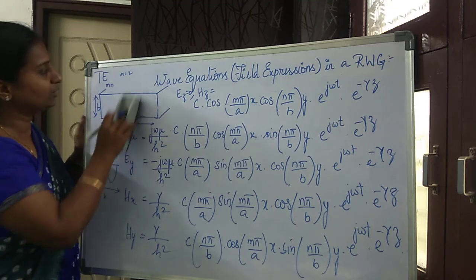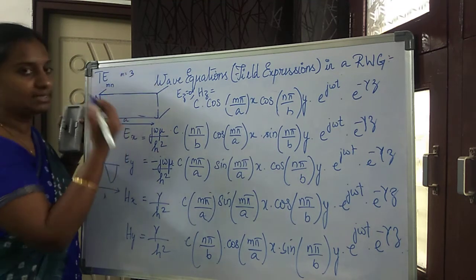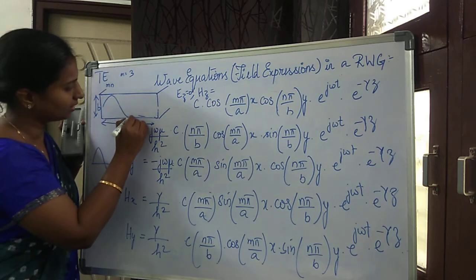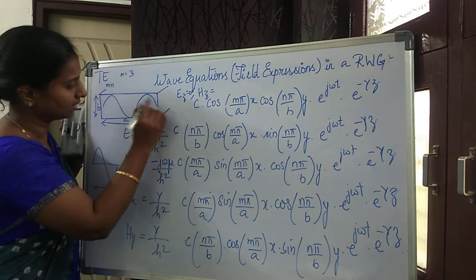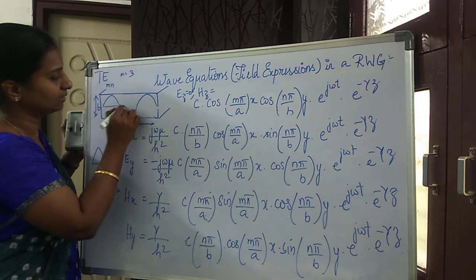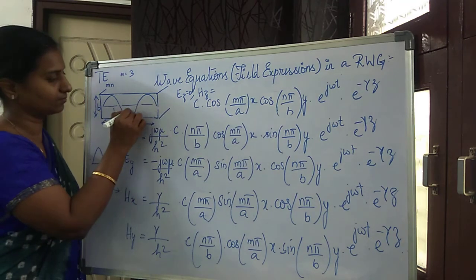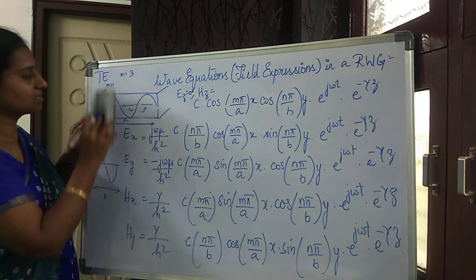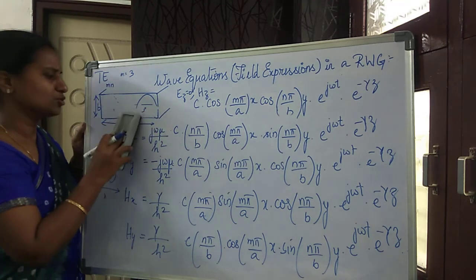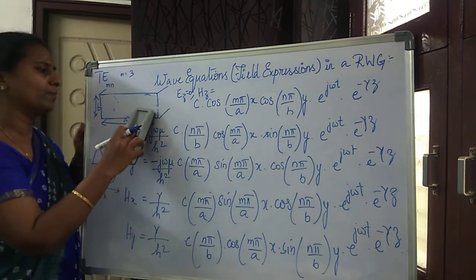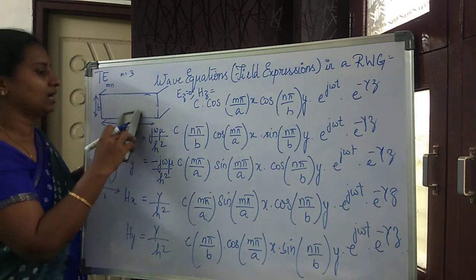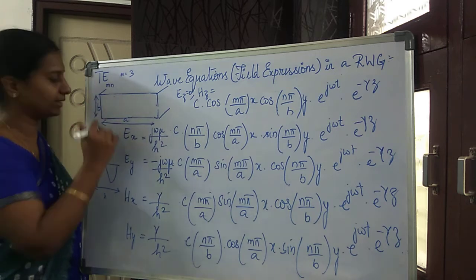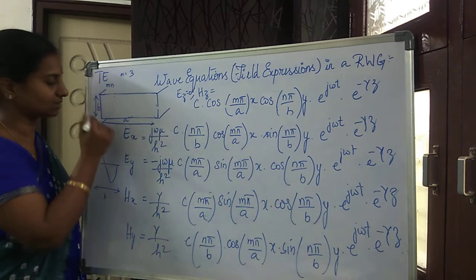If M is equal to 3, then it means that half wave, another half wave, another half wave. I have 3 half wavelengths along the A dimension. So this is the M subscript. So the modes can increase, however many half wavelengths it can propagate.